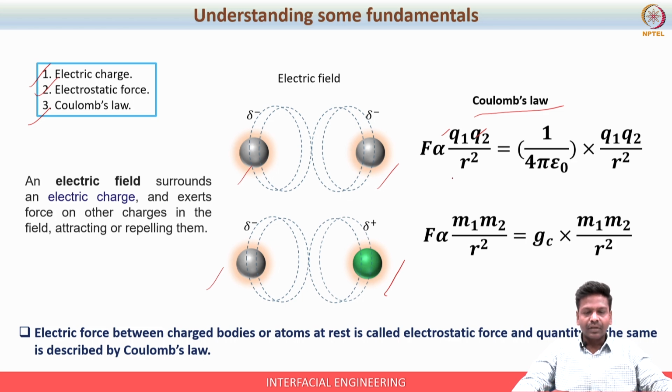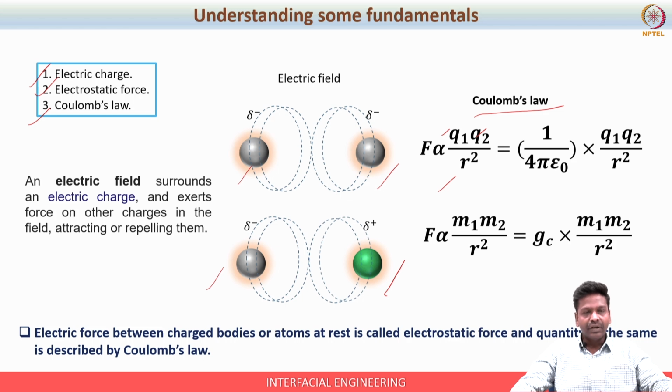Coulomb's law says that the force, the electric force here, acting between these point charges will be proportional to the product of the magnitudes of the charges, which is q1 q2 in this case. Q1 and Q2 may be the same or different.